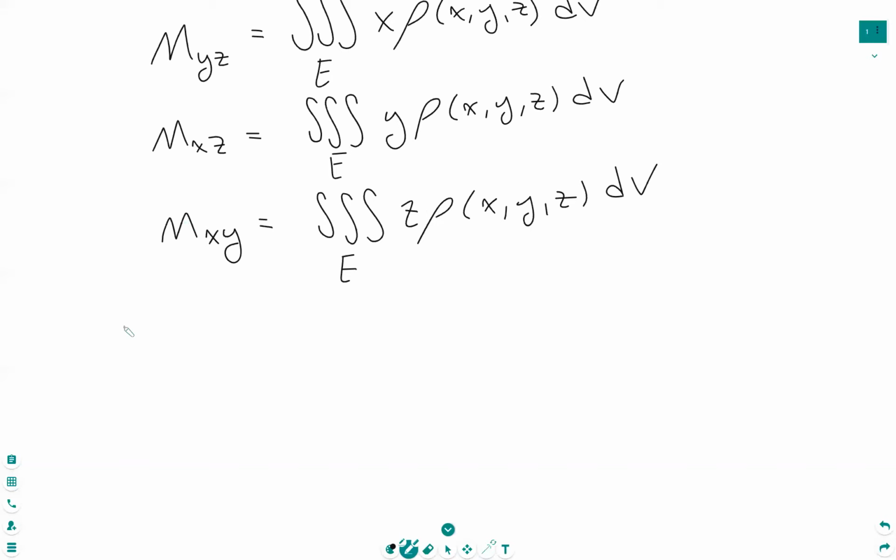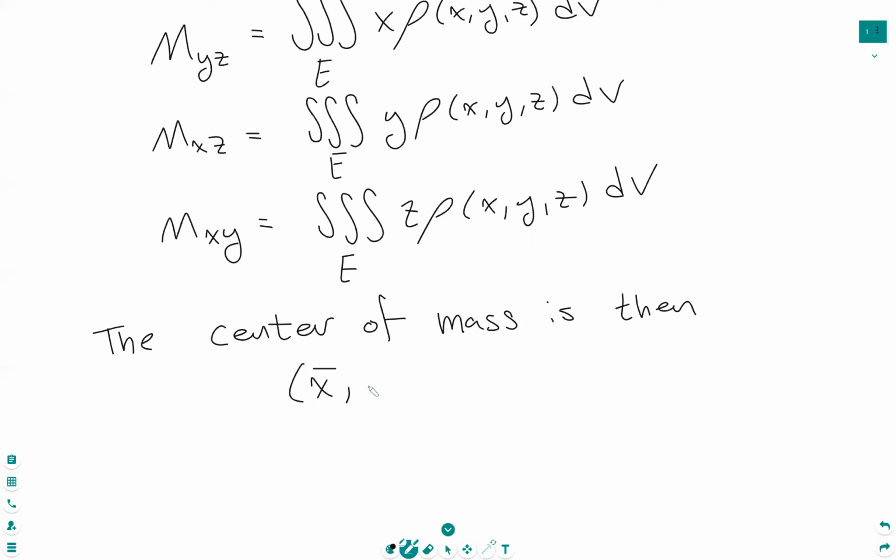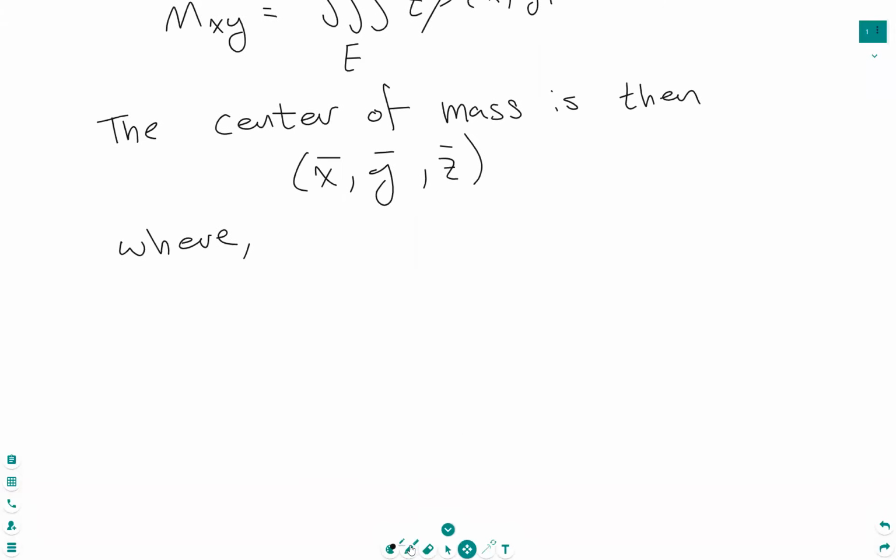So the center of mass is then x bar, y bar, z bar, where each of these we can write as: x bar is the moment across the YZ plane divided by mass.